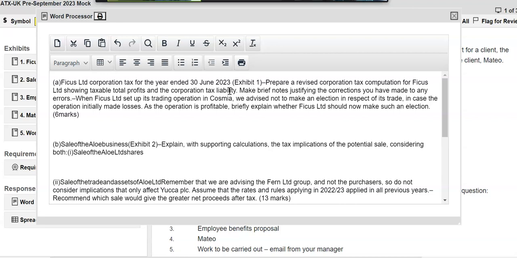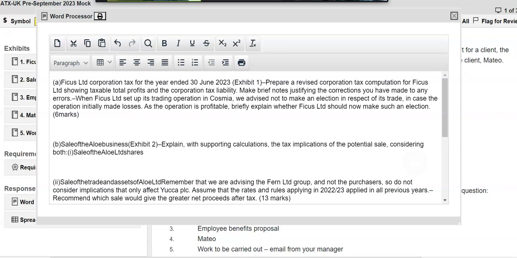As the operation is profitable, briefly explain whether Fiscus should now make an election or not. So first we were not allowed to make an election. But going forward, it says that we also have to make an election if it is needed. So we have to explain the application as well. So that's 6 marks part.